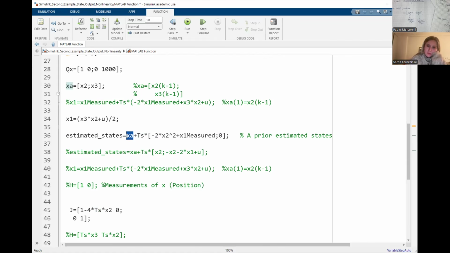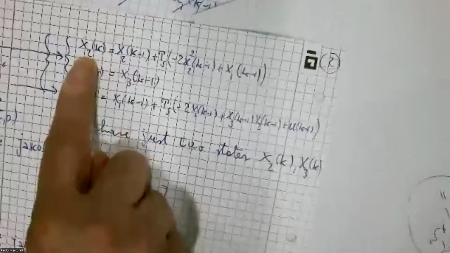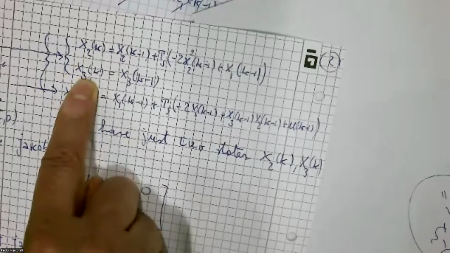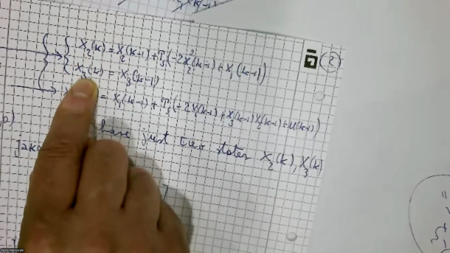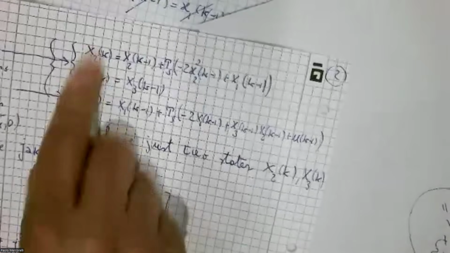And just in the first component, I have to add this expression here, Ts, which multiplies minus 2 x2 squared plus x1 measured, because I measure x1. Let me be more precise. x2 and x3 on the left part, I called estimated states as a column vector.